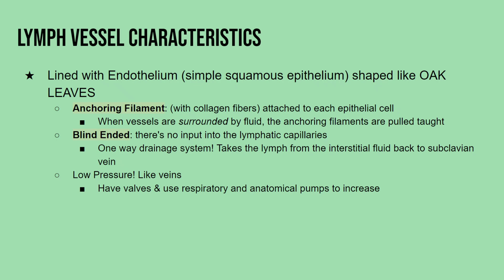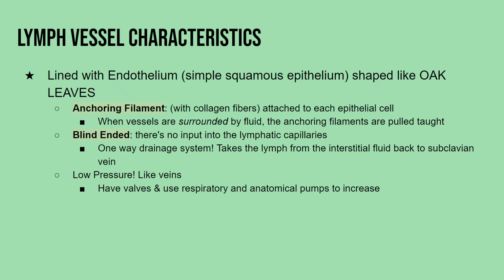It's like strings in between the cells, and once there's fluid around them, the strings get pulled tight, which allows the cells to separate and allow things into the lymph vessels, which is how you can think of anchoring filaments.